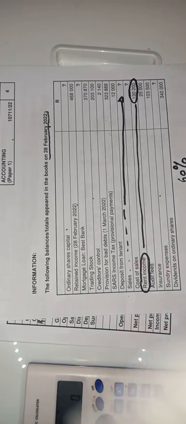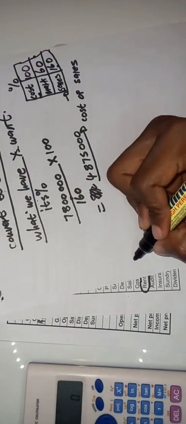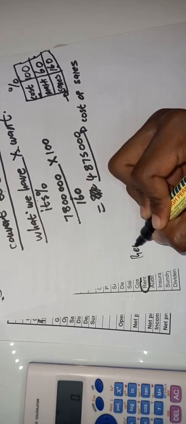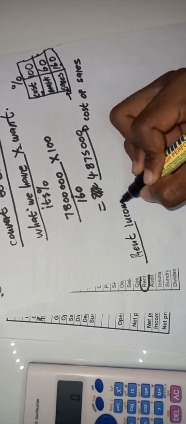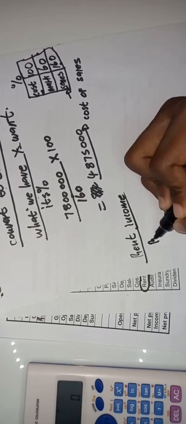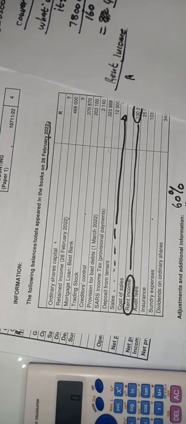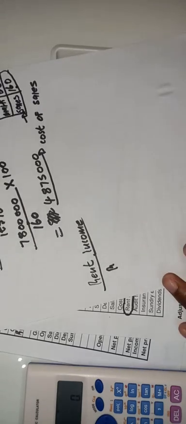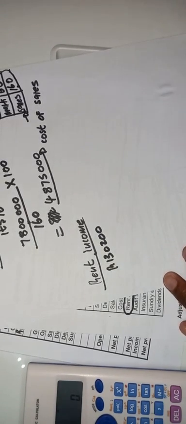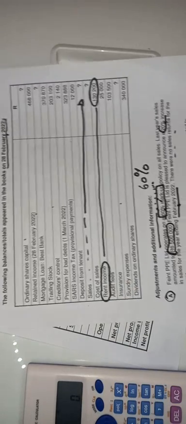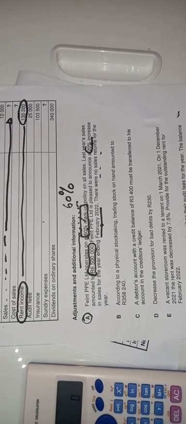So you go to where you are writing your answers or doing your calculations. You say rent income is how much? It's 130,200. You write 130,200. This is not your final answer. There is an adjustment. So let's go to the adjustment for rent income.